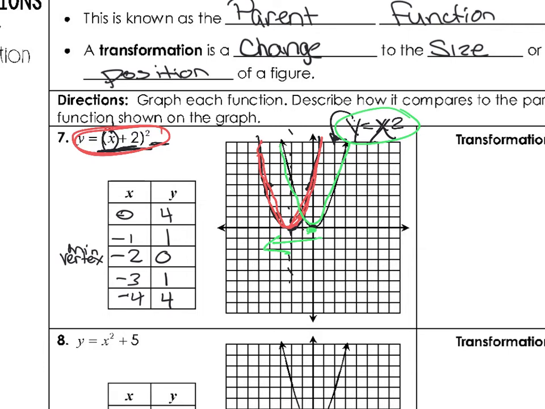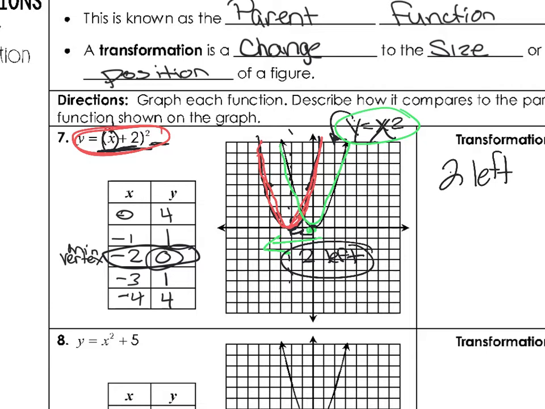And it went 2 units to the left. So my vertex in this one was -2, 0. To the left is negative, so it's -2. And it didn't go up or down, right? So my transformation would be 2 units to the left.